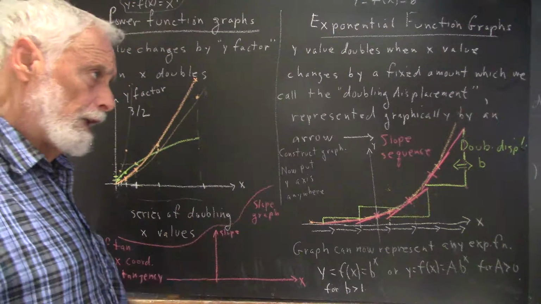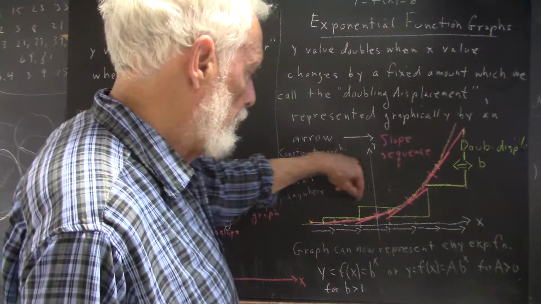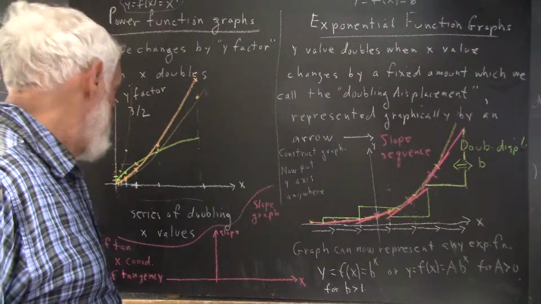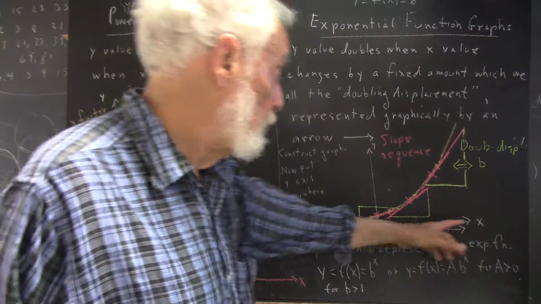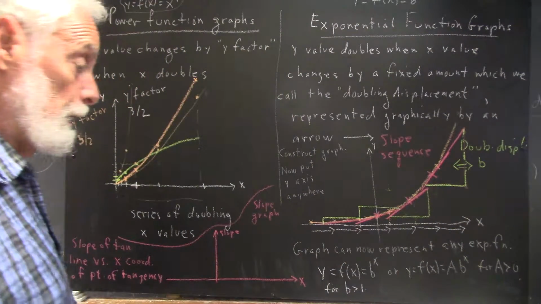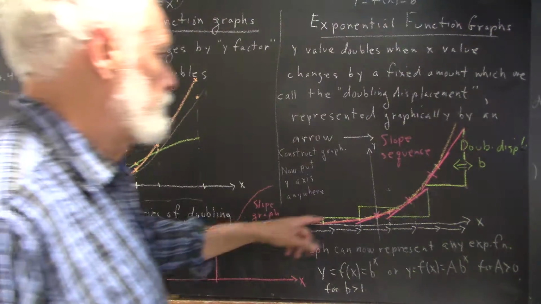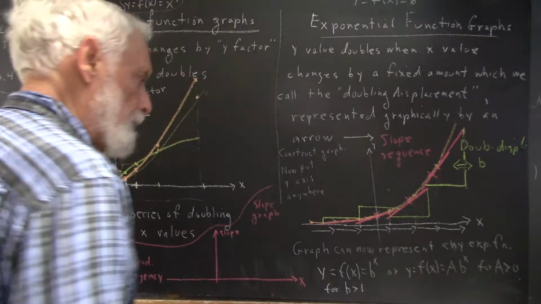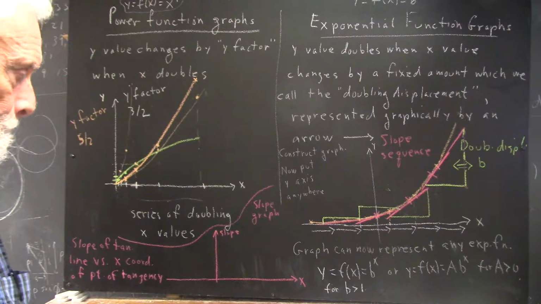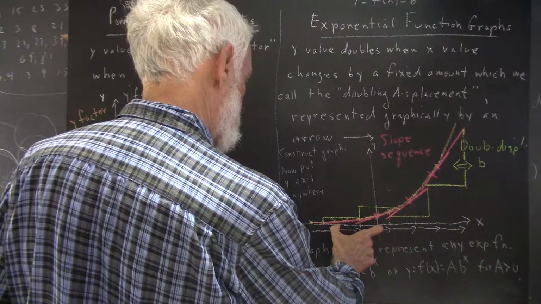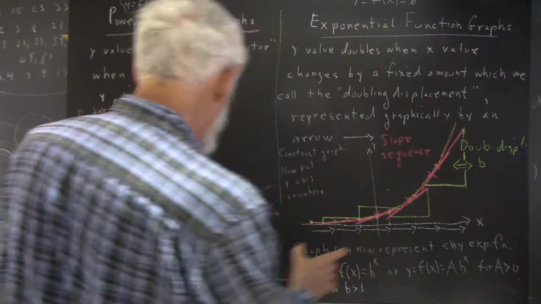Now, you refine the construction. I doubt if you would find that these things exactly double if you do a very good construction of your graph. But in any case, right there we have slopes doubling, and the x value at the point of tangency here is about this.